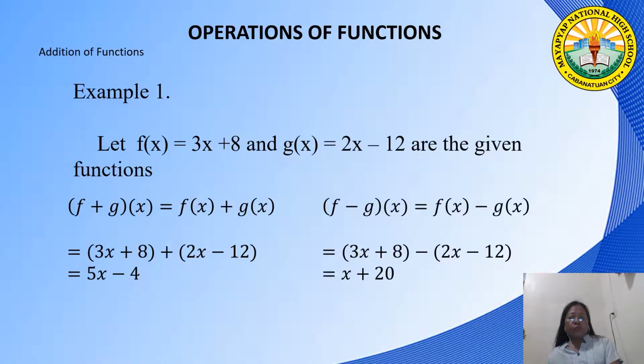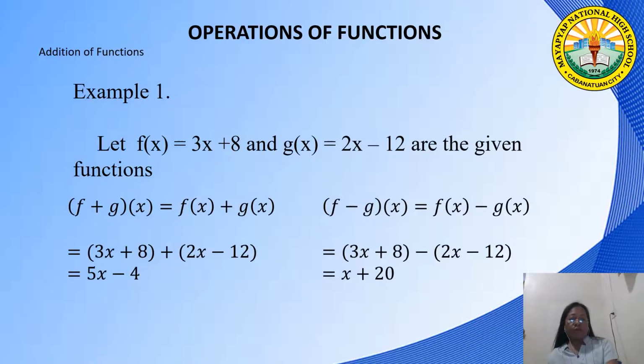So you put a parenthesis for g of x, our subtrahend. That is very important because we follow a rule that if the sign is negative preceded by a parenthesis, you change the sign of the numbers in the given parenthesis.